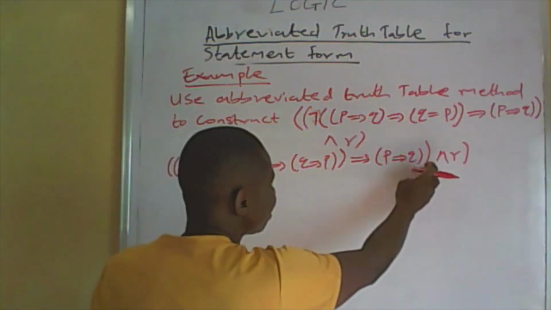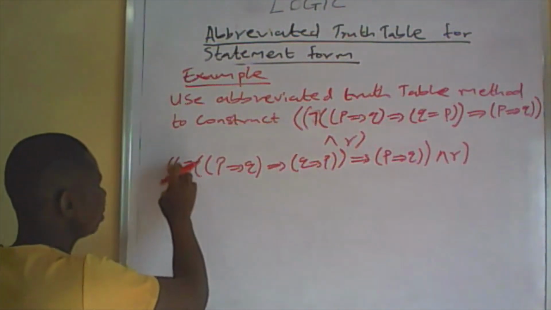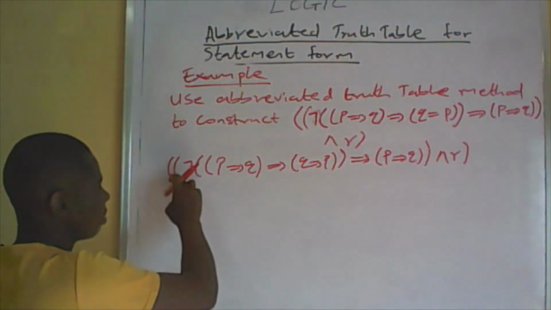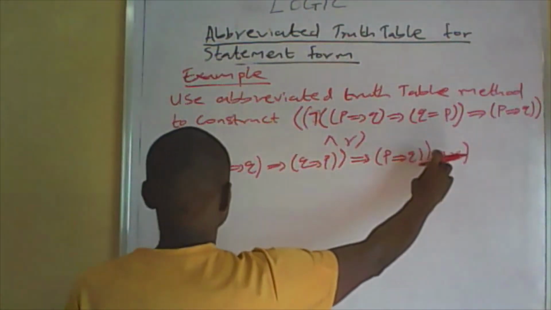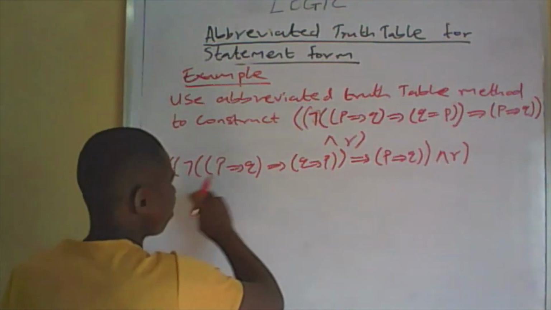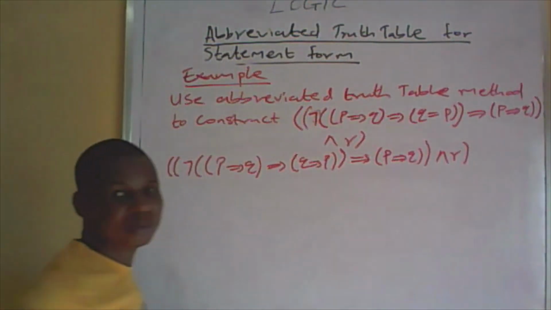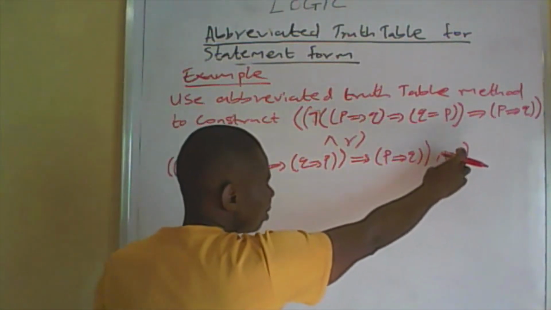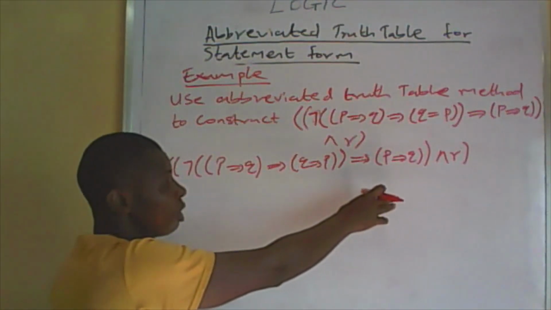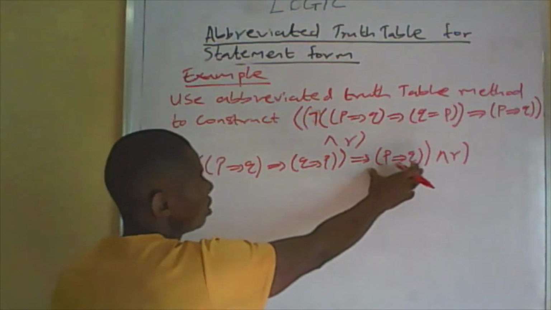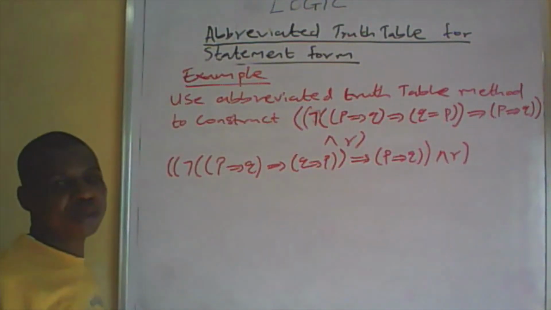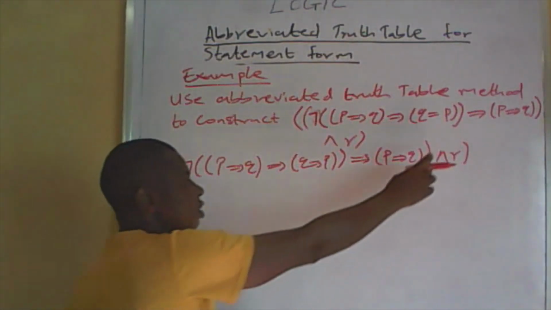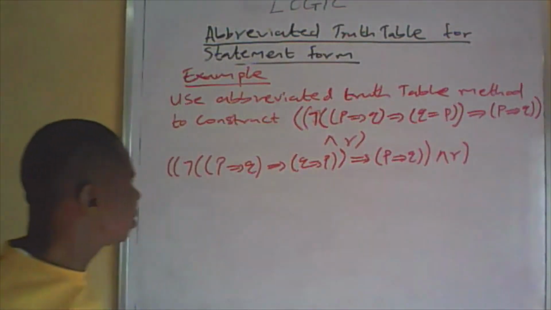Because this statement as a whole is being formed by this and R. So the connective that forms this full statement form is R and this whole statement. So the and is our main connective.